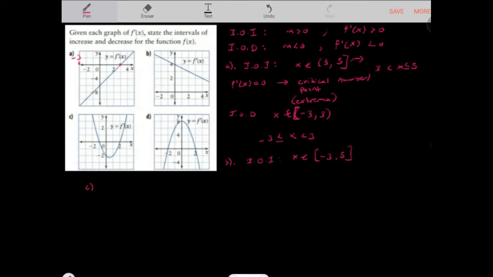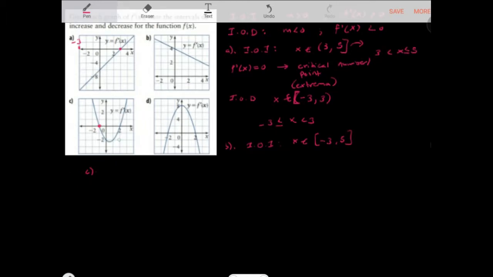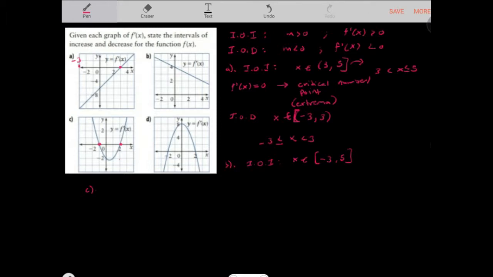For part C, we'll take the points that are zeros. Remember, this is the derivative function. You can notice here that above the x-axis, this is between -3 and -1.